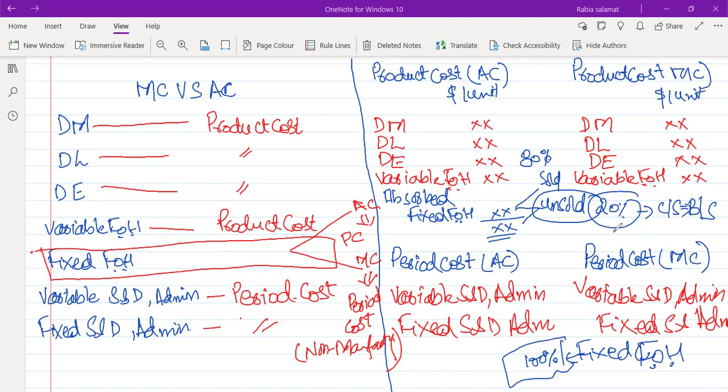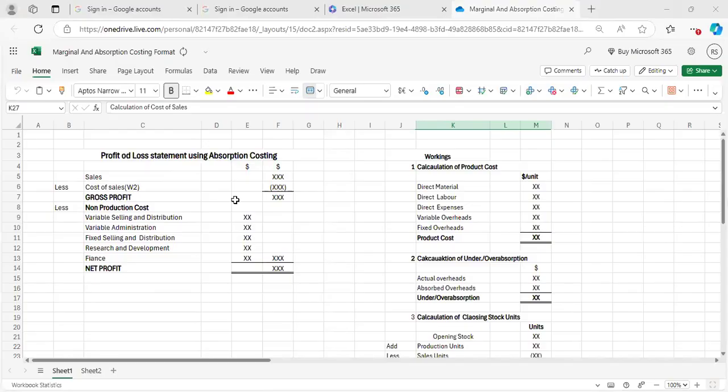Now we will discuss the proforma of profit reporting, how we will prepare the proforma.